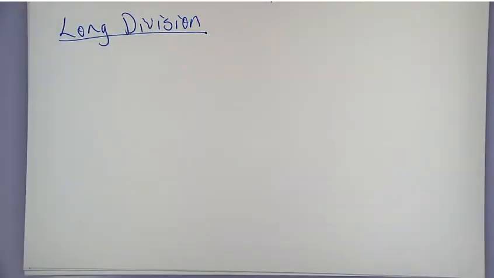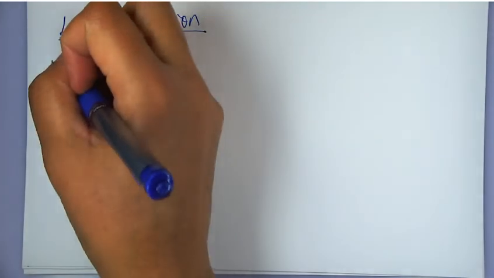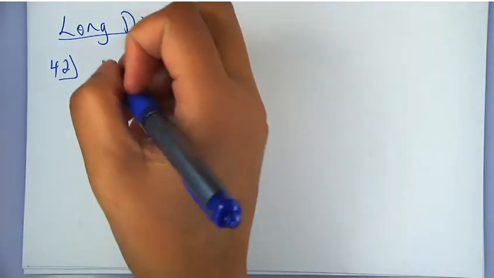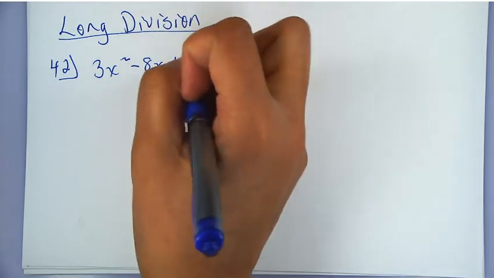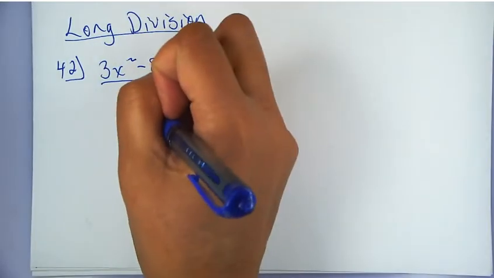So long division, here we go. When we do long division, essentially it's what we know how to do, we just don't like doing it. Let's look at number 42. 42 says 3x squared minus 8x plus 3 over 3x minus 2.